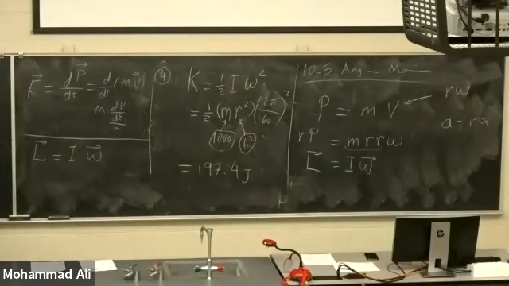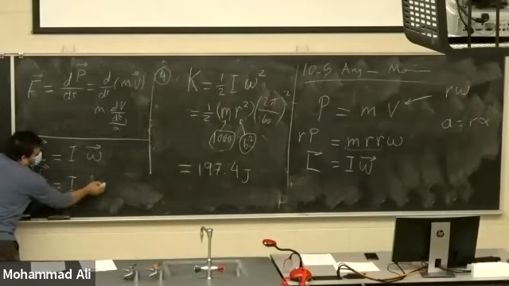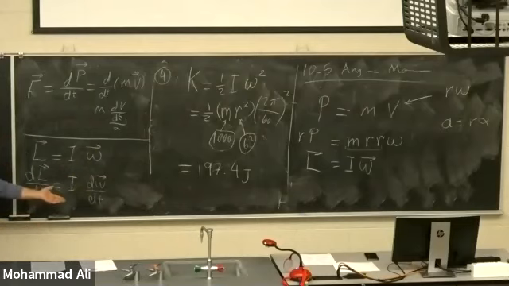Okay, now, if we differentiate both sides with respect to t, the moment of inertia is constant, and we have d omega by dt. It is the acceleration, but it is the angular acceleration, which is alpha.